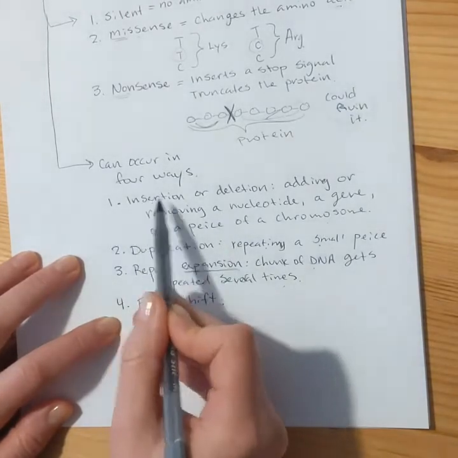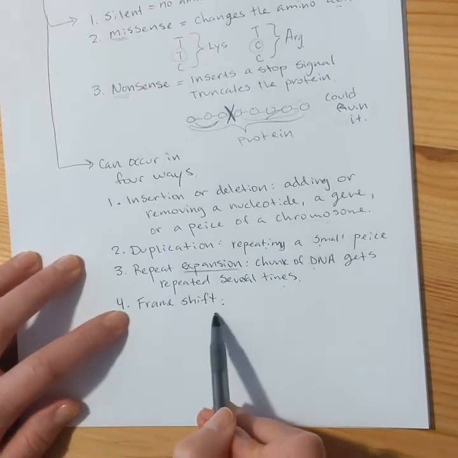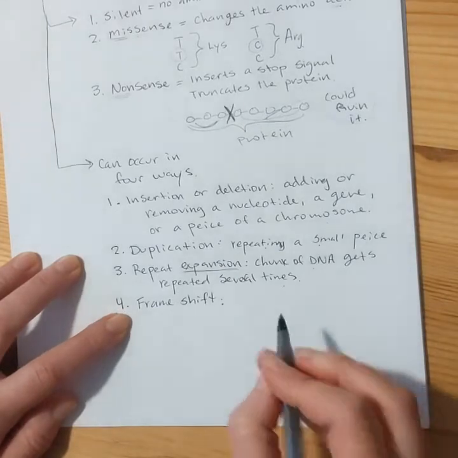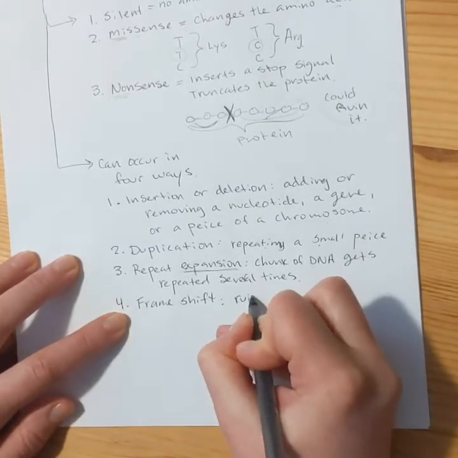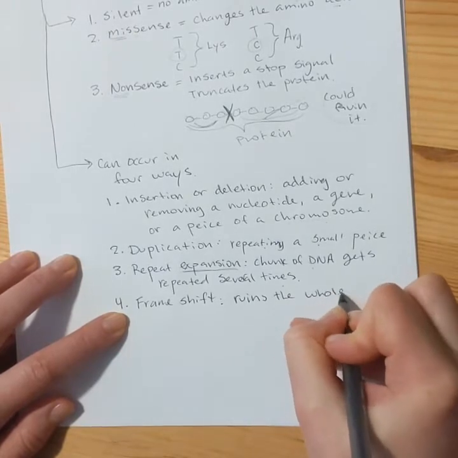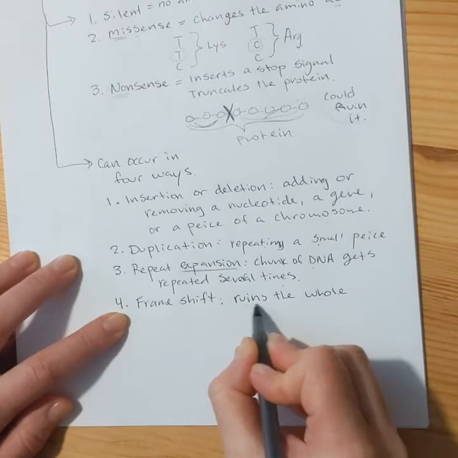So either of these 3 ways can cause a frameshift mutation. And what happens is it ruins the whole stream and the whole pattern of your DNA. I say ruins. It doesn't have to be bad, but it changes it.